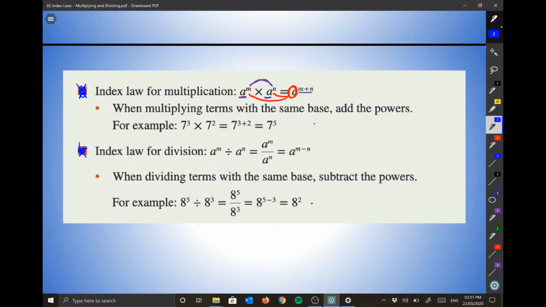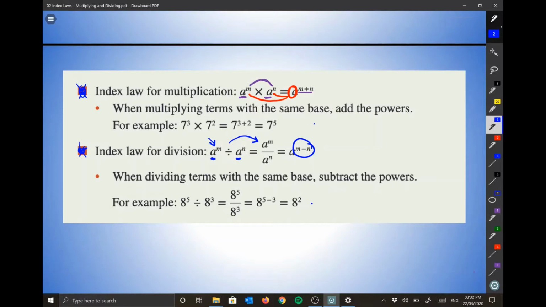Now, when we move on to division, a to the power of m divided by a to the power of n, we actually subtract instead of add. And something important I want you to note here is that every time I want you to answer one of these questions, if it's written like this, with a divide symbol, I want you to change it into this form.